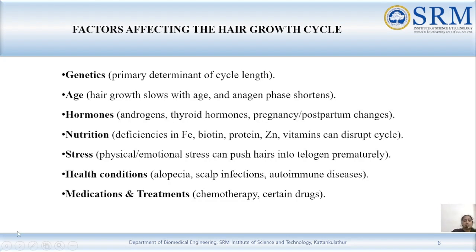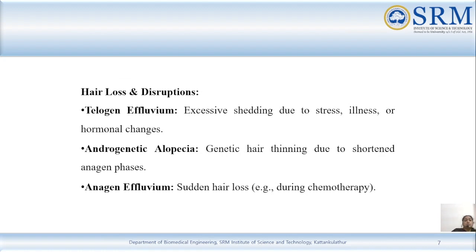Apart from this, health conditions like alopecia, scalp infections, autoimmune diseases also play a major role. Medications and treatments like chemotherapy, certain drugs can also influence the hair growth cycle. So we have certain conditions like telogen effluvium, which is excessive shedding due to stress, illness, or hormonal changes. And then you have androgenetic alopecia.